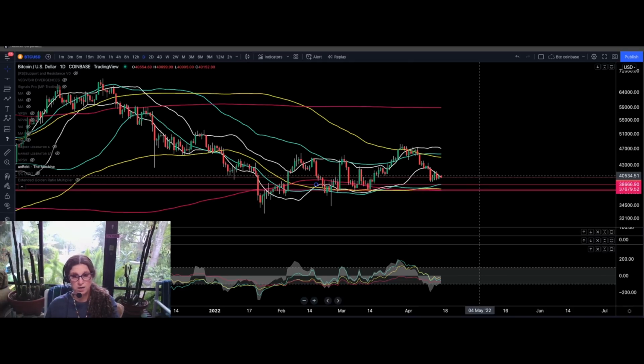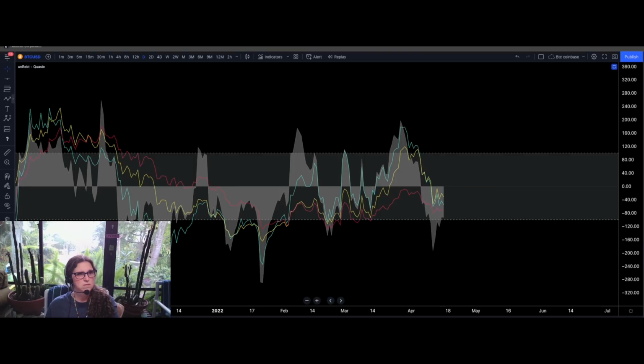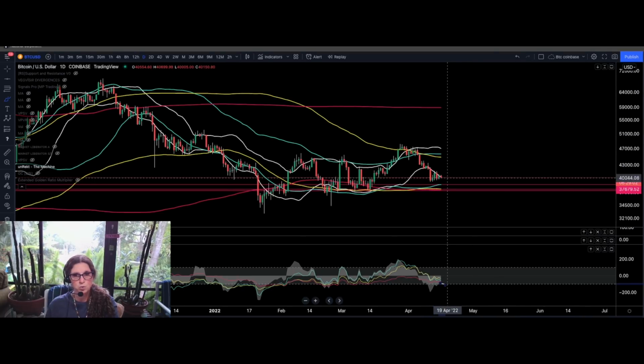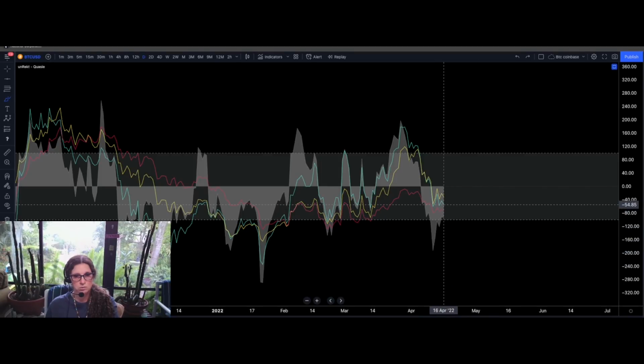It will not break it on the daily time frame unless this white line comes out the bottom of the cage. If it does that, price will be able to break white and come down to blue. Because blue is still in the cage.